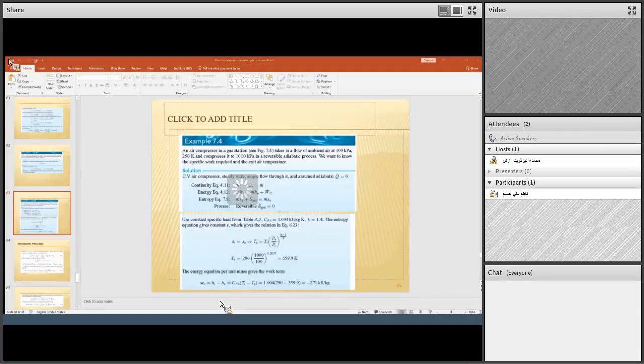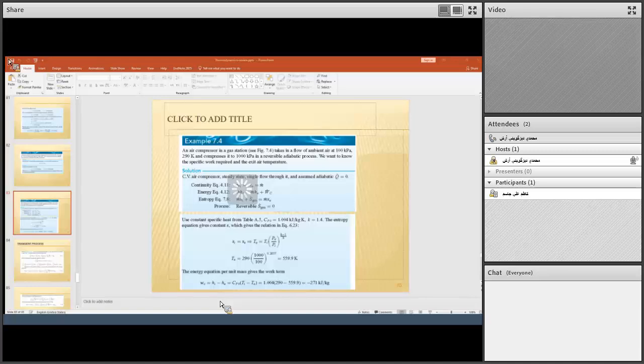In this problem, consider that an air compressor in a gas station takes a flow from ambient air at 100 kilopascal and 290 Kelvin and compresses it to 1000 kilopascal in a reversible adiabatic process.